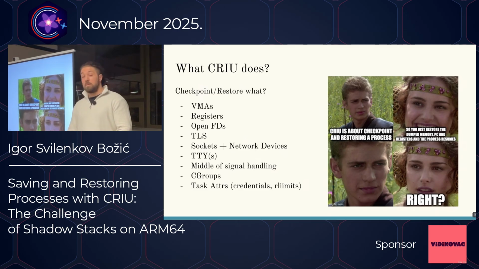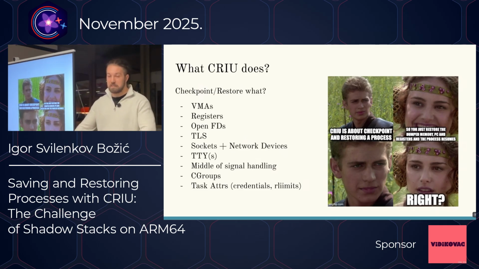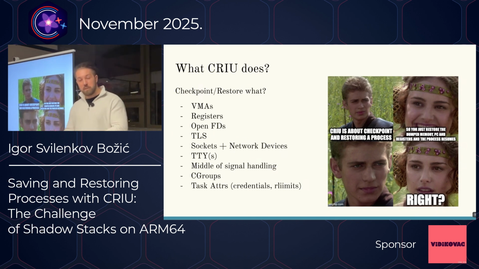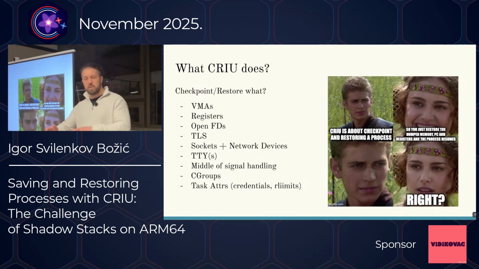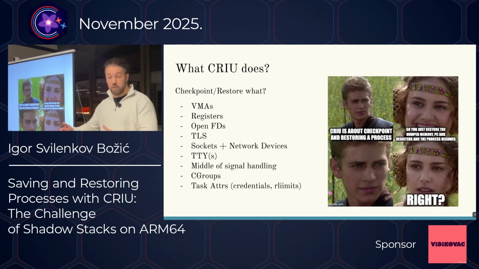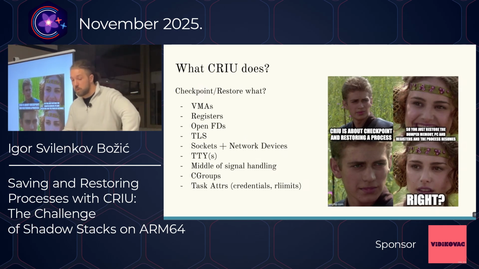But then, because I had 3 mentors for this project, and that was a blessing, I learned there were VMAs, registers, open file descriptors, thread local storage, sockets, network devices, virtual interfaces, TTYs, and the process could have been in the middle of signal handling, which can complicate things and add more logic, cgroups, task attributes, which contain some credentials, rlimits, namespaces, and so on.